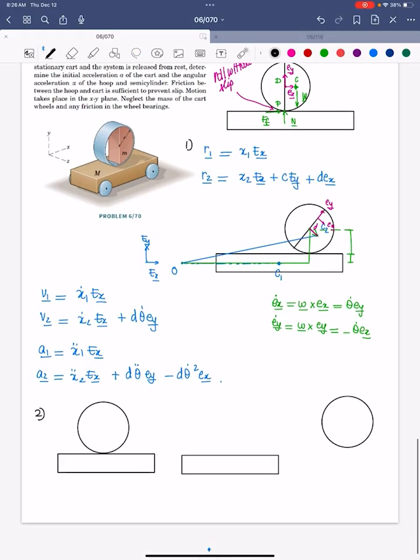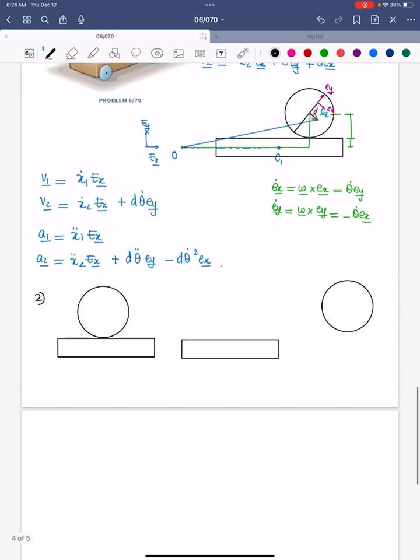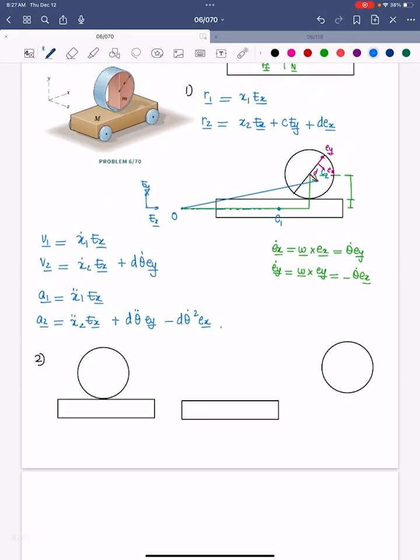Here I have acting on the cart two normal forces, one left and one right, and the weights W1. W2 is off to the side depending on where my partition is.